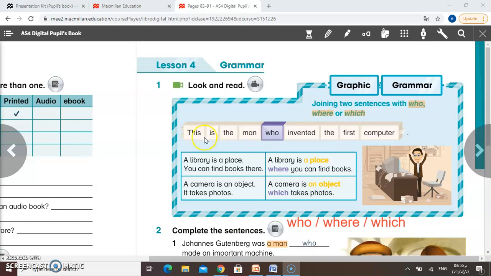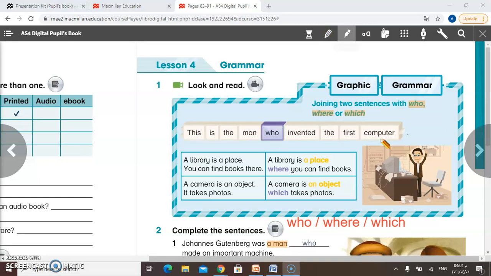Look at this sentence. This is the man who invented the first computer. So we have here, this is sentence number 1 and this is sentence number 2. الجملة الأصلية, this is the man and the man invented the first computer.